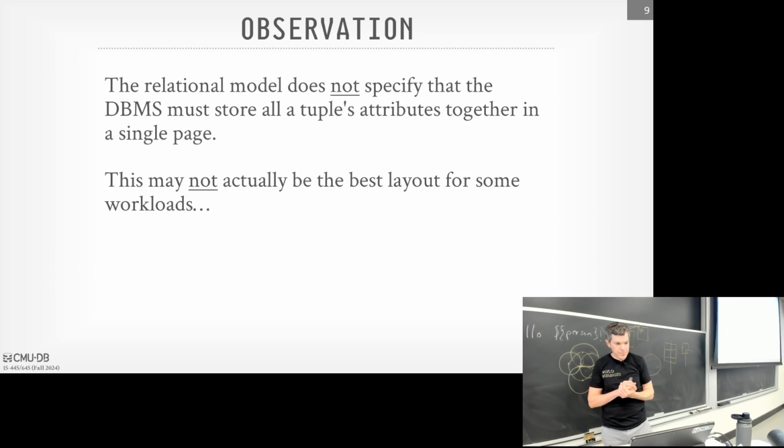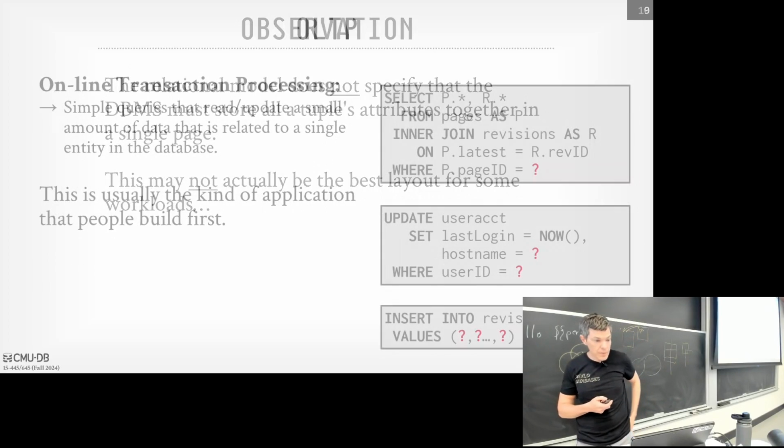But as I said at the end of last class, when you think of a database, you probably think of an Excel spreadsheet where all the values for a single row are contiguous, one after another. The problem is that if we build a system based on that assumption, it's not going to be the most efficient for some workloads, in particular for the OLAP workloads.